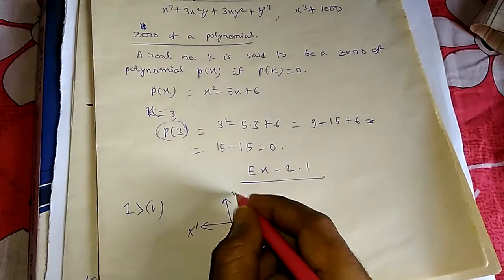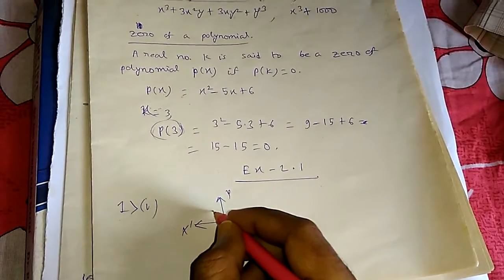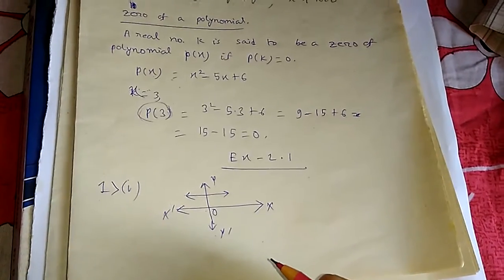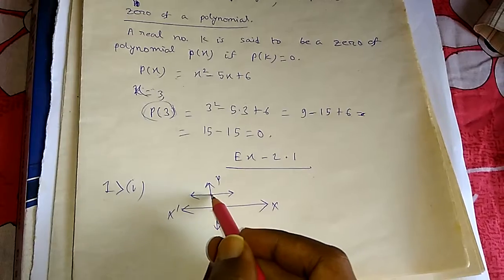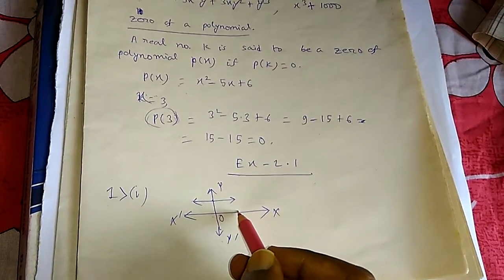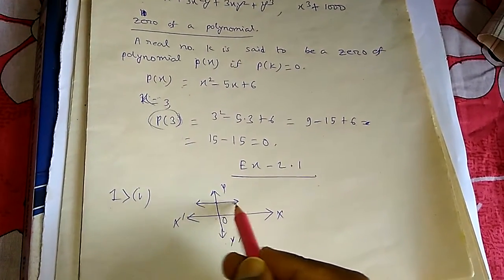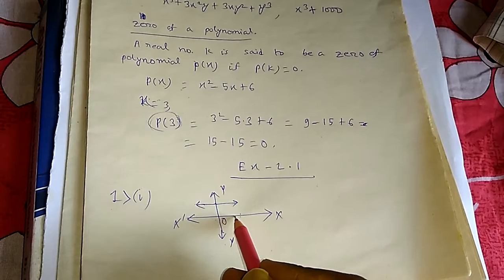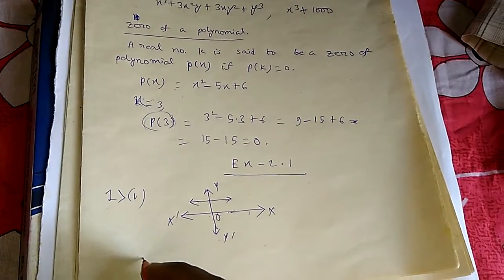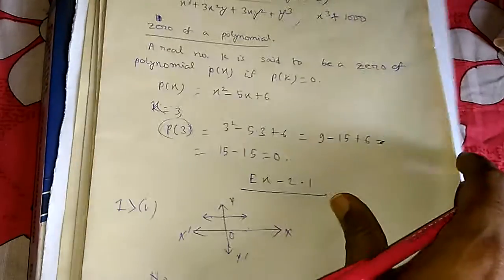X dash, y dash, intersecting at the origin. Remember, you can find the zeros of a polynomial from the figure by seeing how many times the graph cuts the x-axis. Here you can see that the graph doesn't cut the x-axis, so it has no zeros of the polynomial.